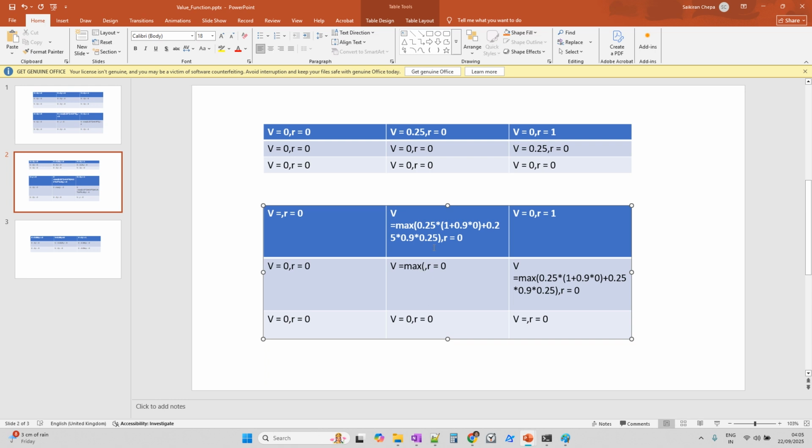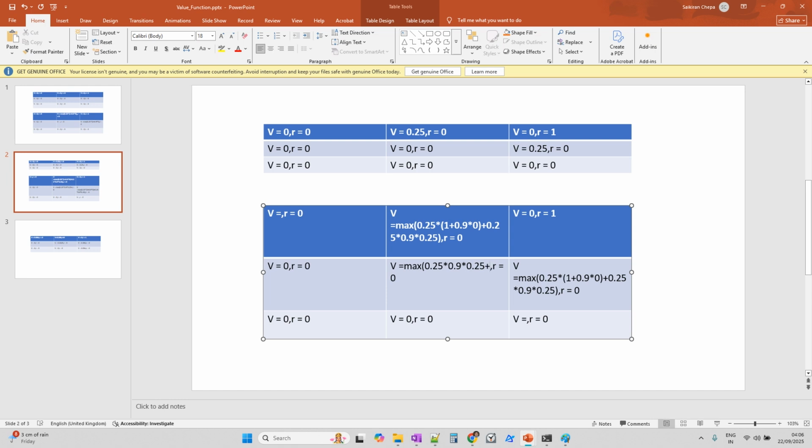of, if he goes up, then 0.25 is the probability, into reward is 0, discounting factor is 0.9, into the value. The previous value, if you see here, was 0.25. So 0.25 is the value.